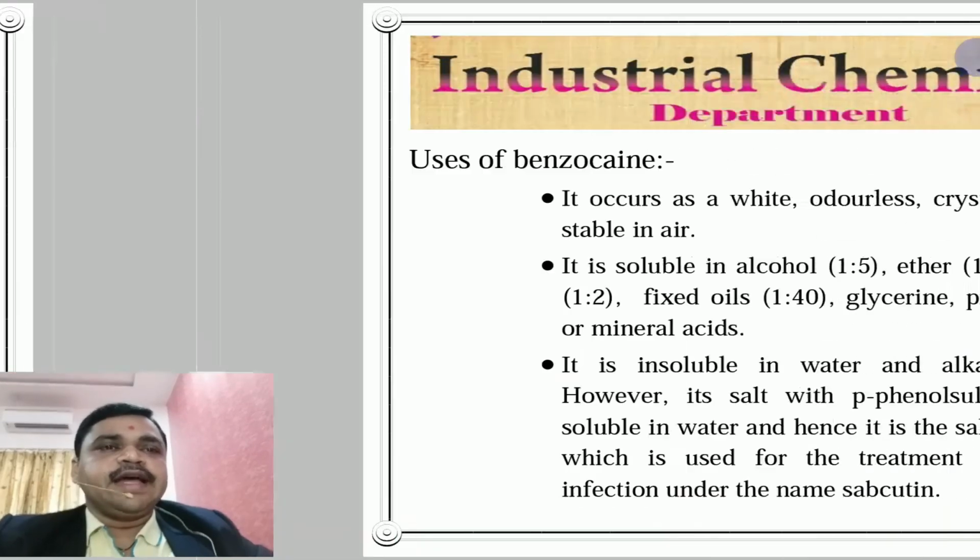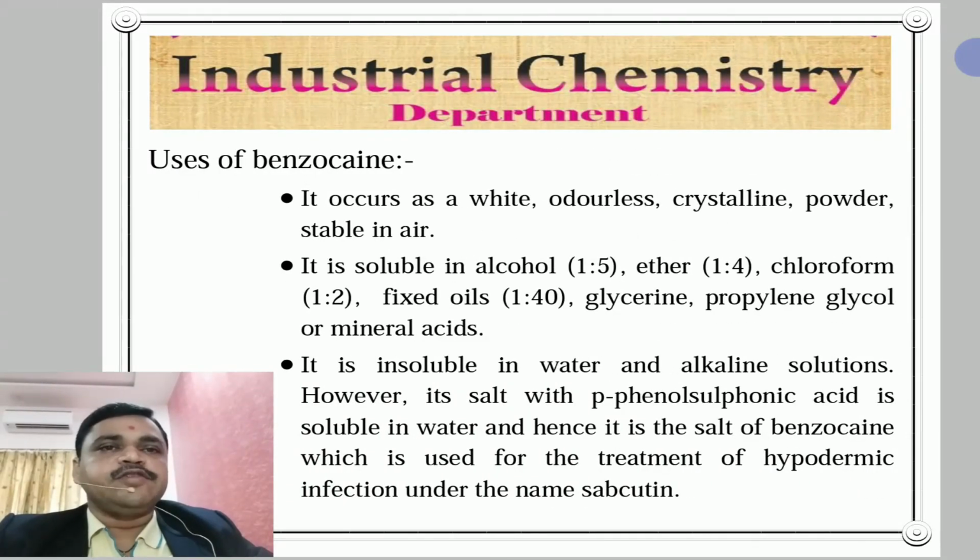Now the medicinal application of benzocaine. It occurs as a white, odorless, crystalline powder, stable in air. These are the properties of benzocaine. It is soluble in alcohol, alcohol to water proportion 1:5; ether 1:4; chloroform 1:2; fixed oil 1:40; and in glycerin, propylene glycol or mineral acids.